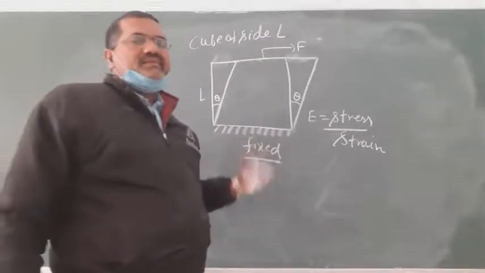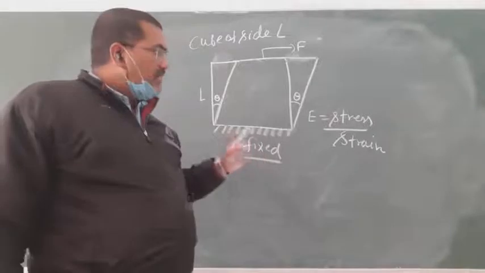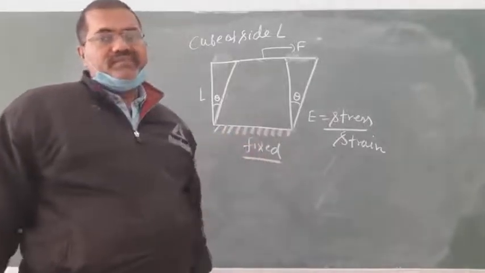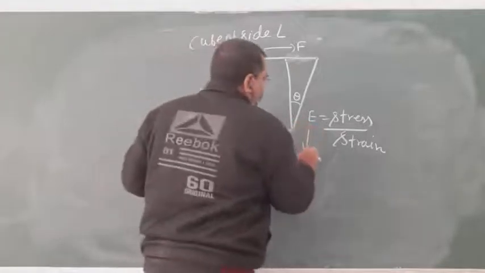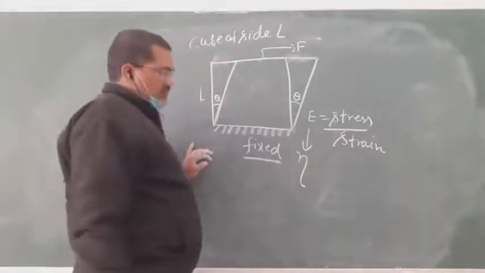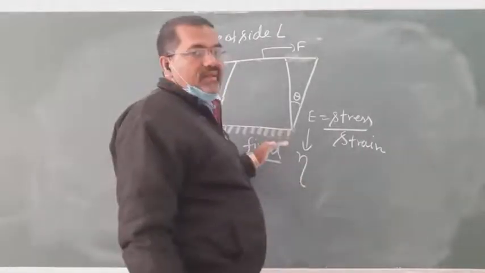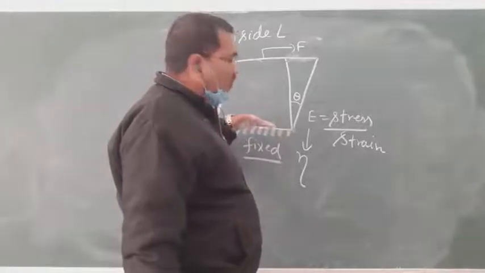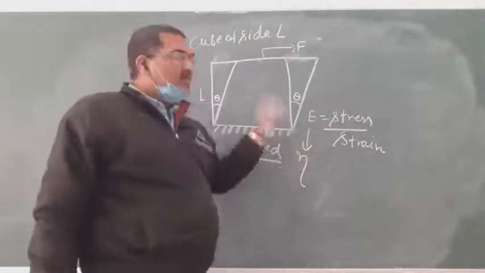In previous cases, size was changed, but in this case, shape is changed. So E should be taken as eta, the modulus of rigidity, the coefficient of elasticity for a body which is fixed at the lower face, with tangential force applied on the upper face so that its shape will change.